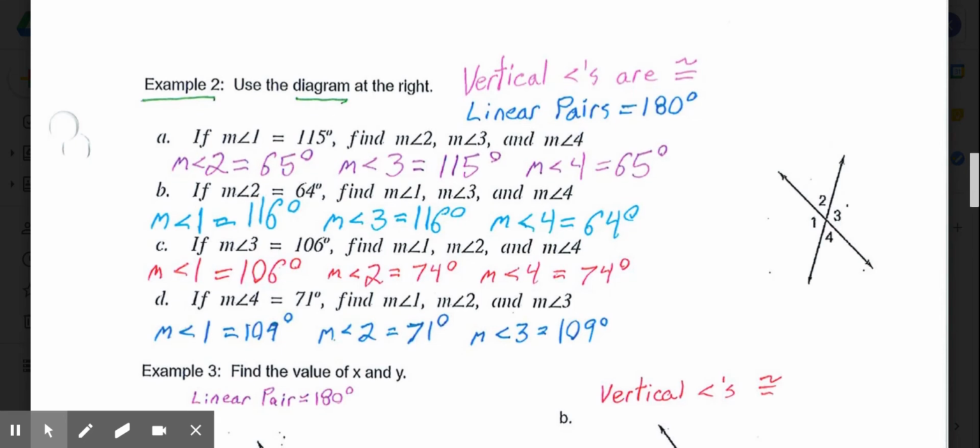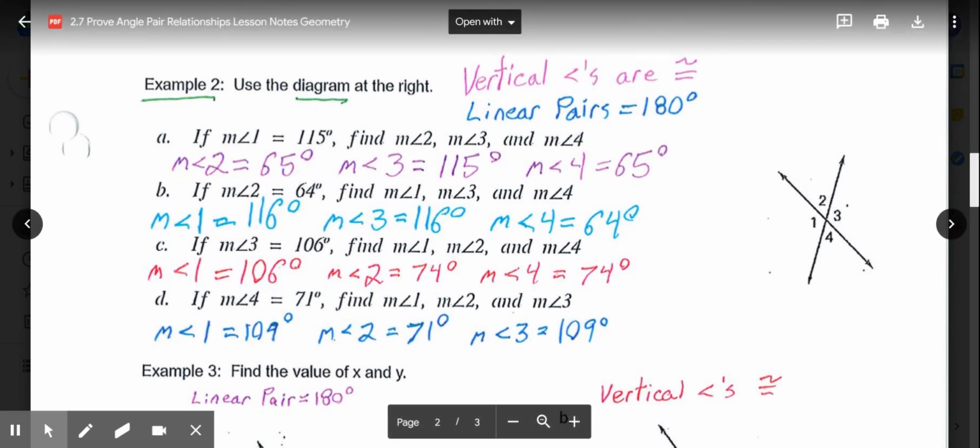In part C, the measure of angle 3 is 106. So I also know right away the measure of angle 1 is 106 as well. Then to figure out 2 and 4, I do 180 minus 106, leaving 74 degrees for the measure of angle 2, which is also the measure of angle 4.